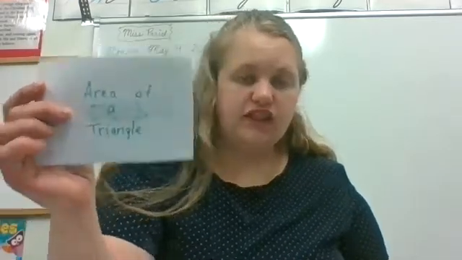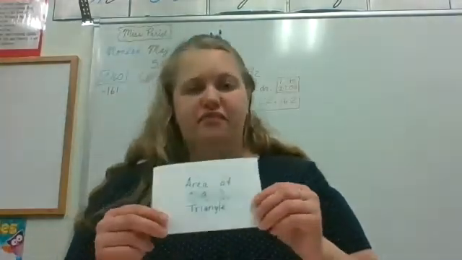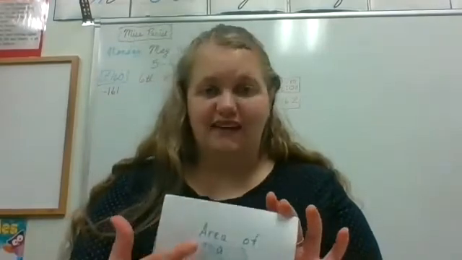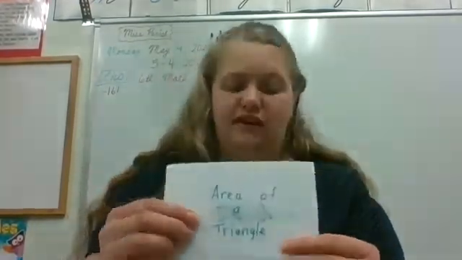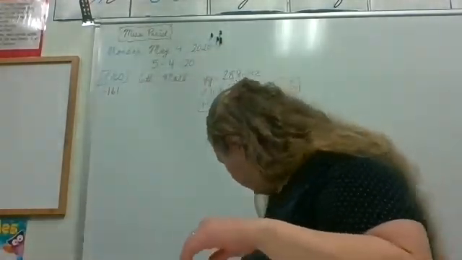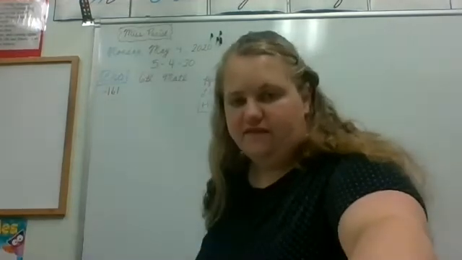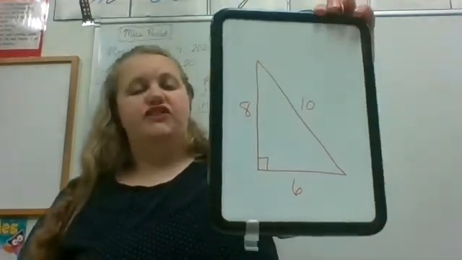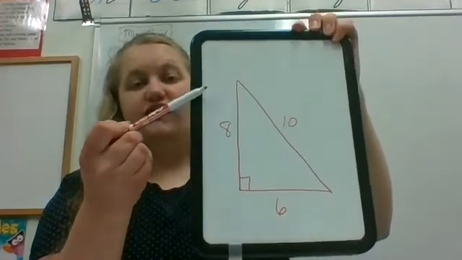And one thing I want to note, if you are given a triangle, and they give you the shape of the triangle, and they give you all the measurements around, let me get my little board, okay, hold on. All right, so if you're given a triangle like this, your height is the 8.